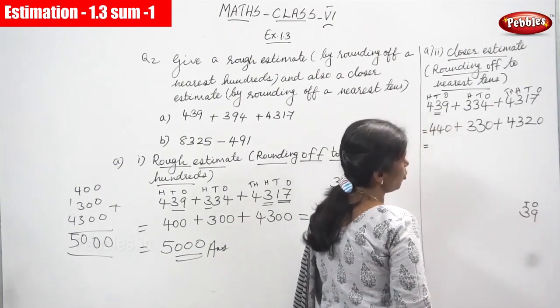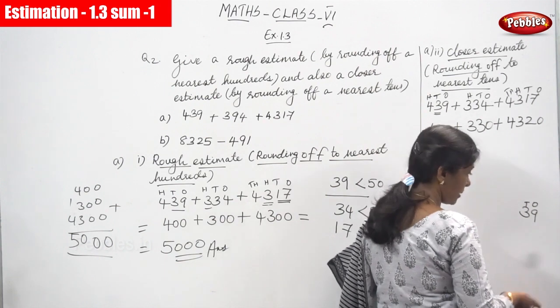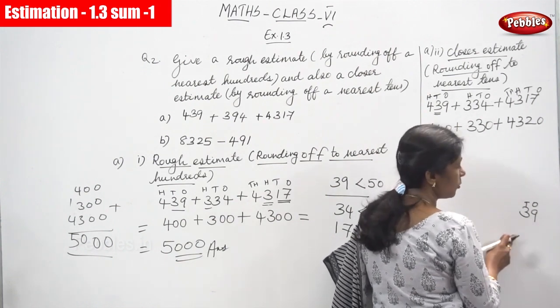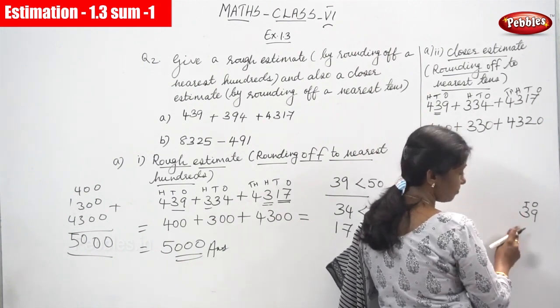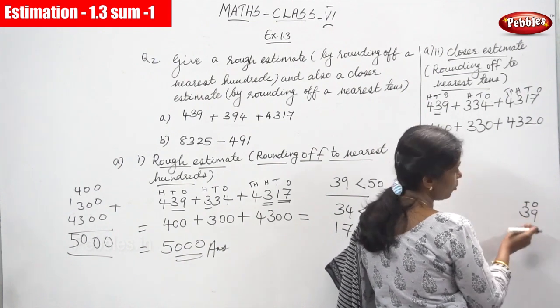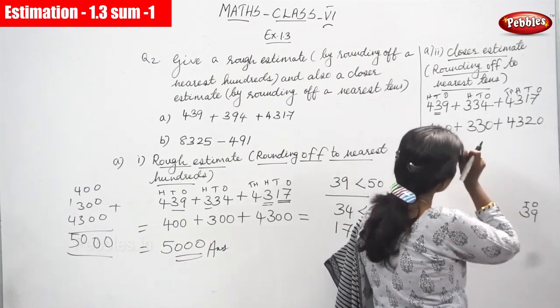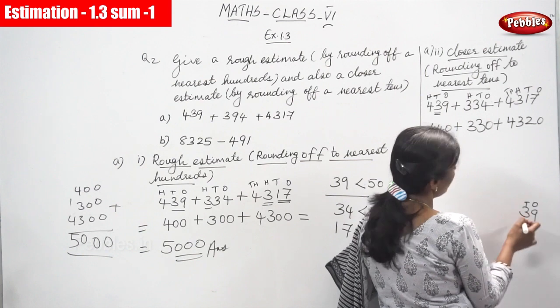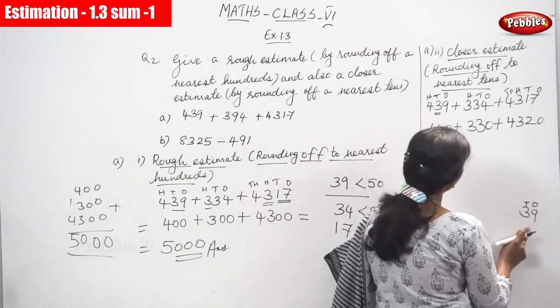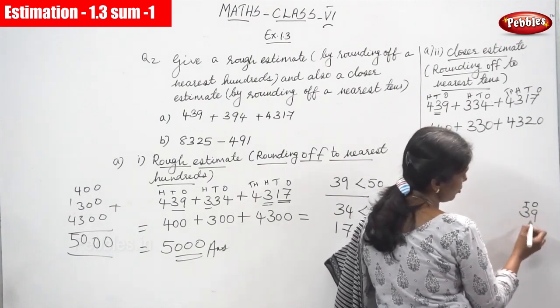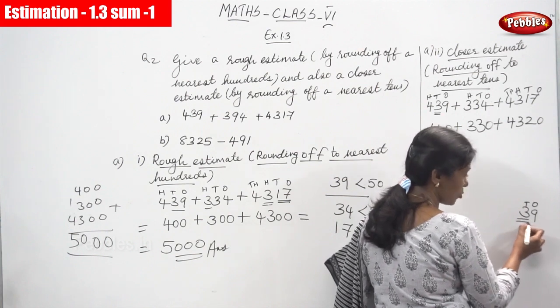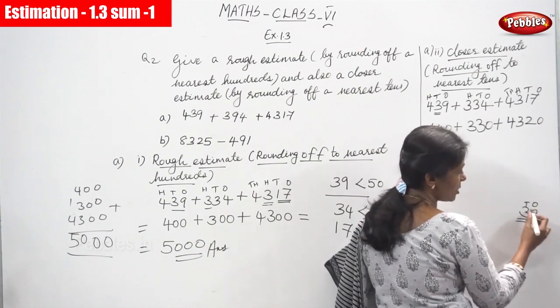So 39 is less than 50, so we should not consider it: you can't add 1 with the tens place value. But for 439 you have to consider the tens and ones place value. What is the number in the tens place? 3. But you have to consider the ones place value.